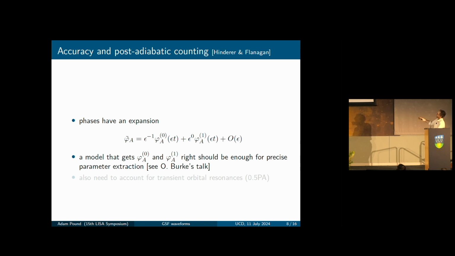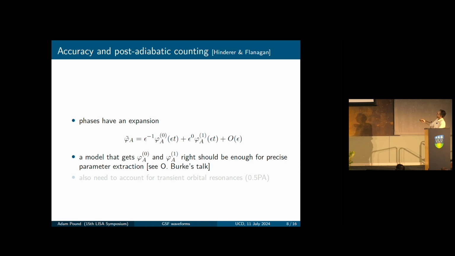And so just based on this construction, we can estimate, okay, for sufficiently small epsilon, if we include these first two terms, we have a phase error that's going to be sufficiently small. So for an EMRI, we expect this term and the higher order terms to be 10 to the minus 5 radians, roughly. But even for an EMRI, mass ratio 1 to 100, it's of order 1 over 100. So over the past 15 or 20 years, the goal has been basically to compute the needed inputs for these two terms.